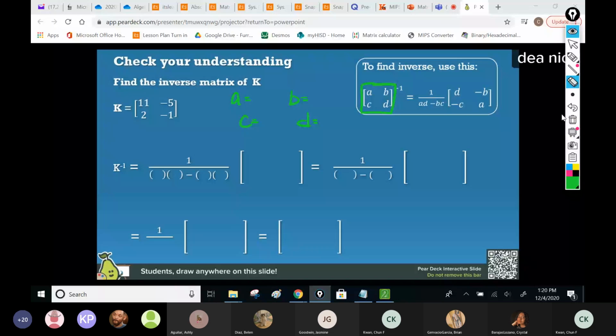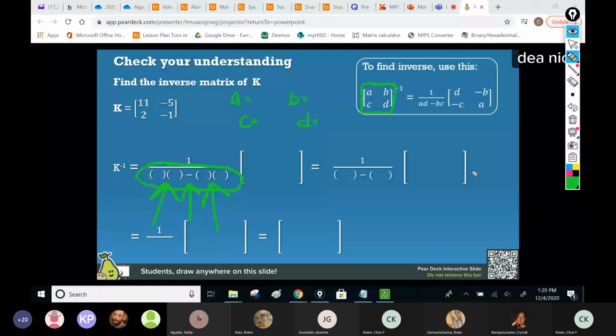All right, so figure out what A, B, C, and D are, and then plug them in. Be very careful when you are doing the bottom right here, the denominator. Most people make mistakes here in the denominator, because with the multiplication and then also the subtraction, it's just too easy to mess up.